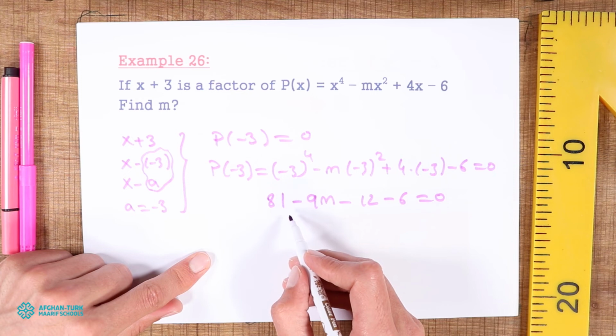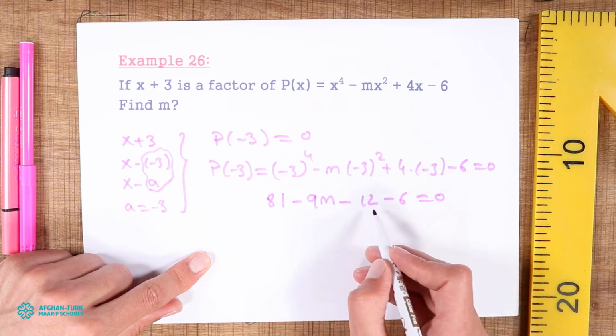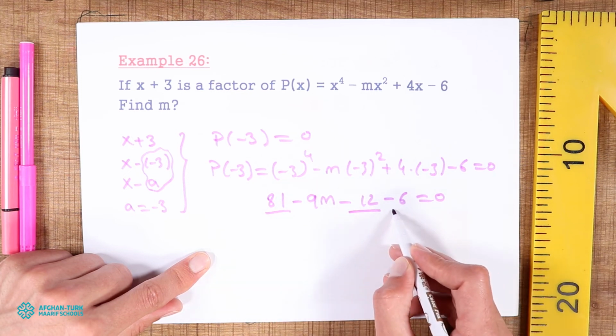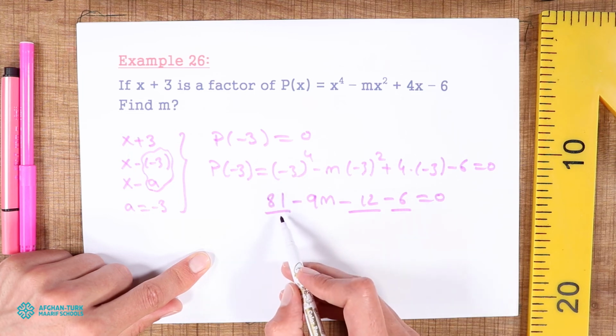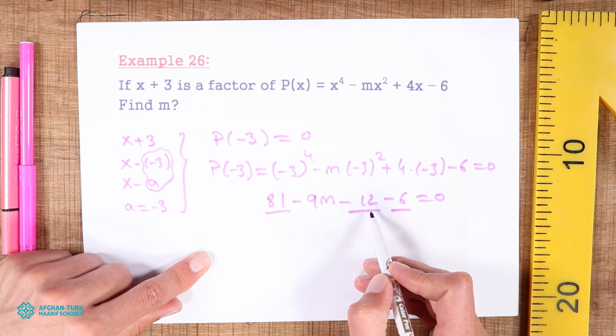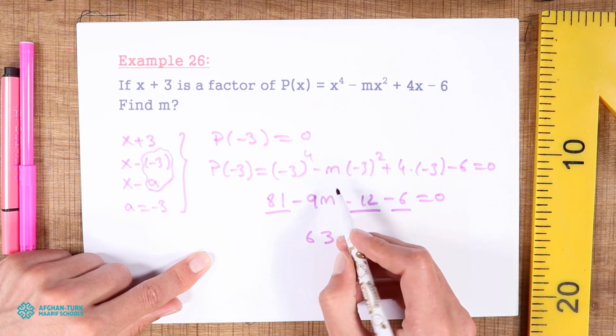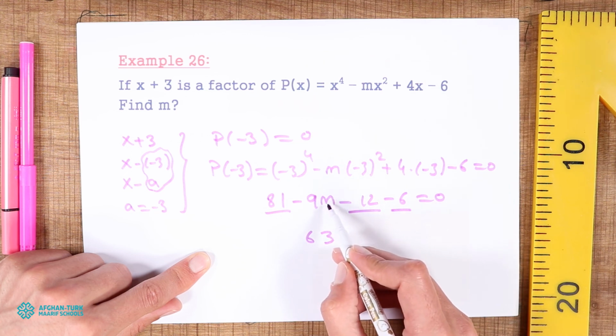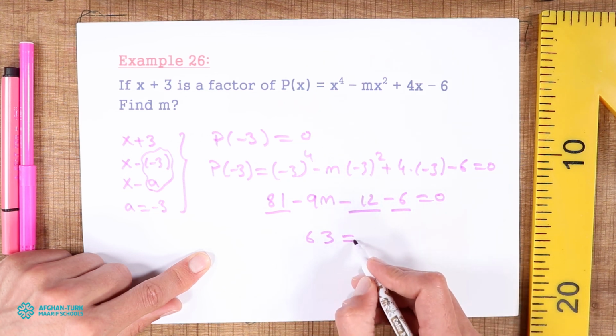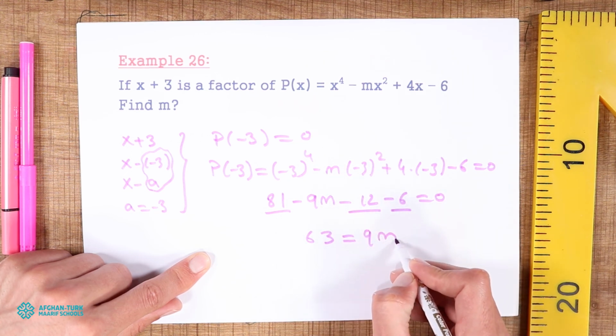From here we will have 81 minus 12 minus 6. 81 minus 12 is 69, and 69 minus 6 is 63. If we move minus 9m to the other side, to the right side of the equation, it will be plus 9m.